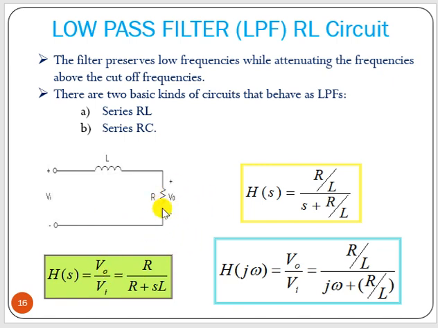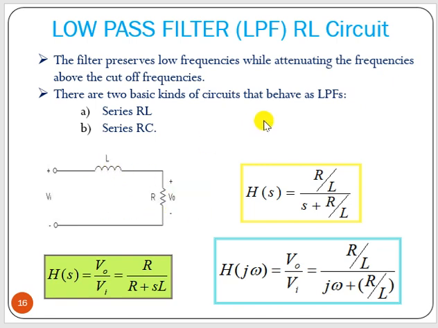V0 is nothing but the voltage drop across R. Input voltage is Vi. So what is the voltage at V0? We apply the voltage divider rule. V0 equals R divided by R plus SL, in the Laplace domain, into Vi. Same branch resistance divided by total branch resistance.